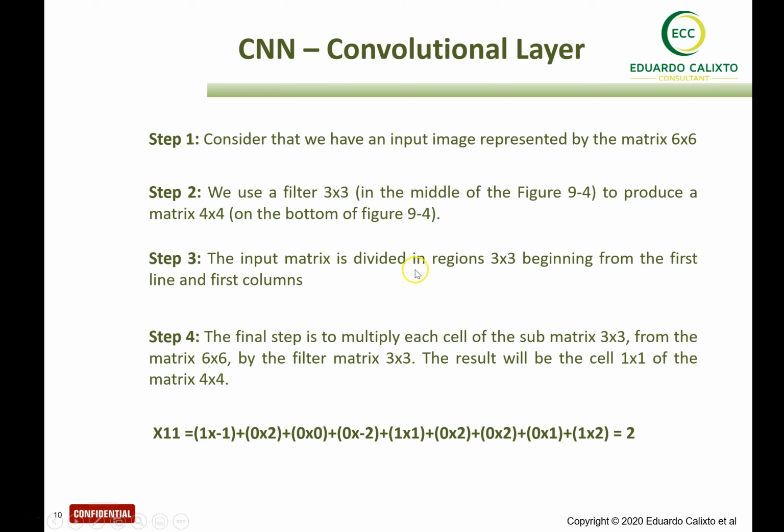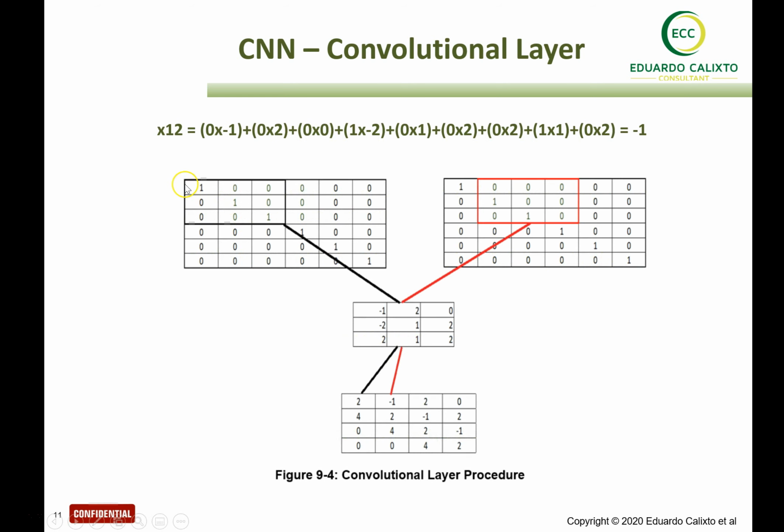The input matrix is divided into 3x3 regions, beginning from the first line and the first column. We divide this first matrix that represents the whole image into small regions. The size of the matrix depends on the algorithm you are using, and we are using a small number to be more clear so you understand the process.